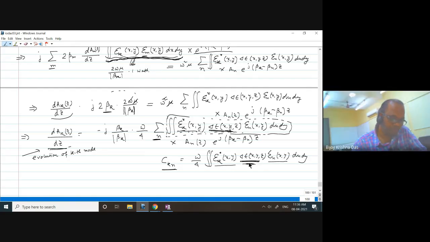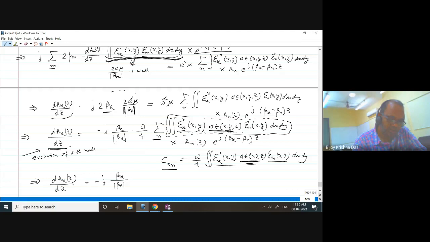Okay, fine. So now we can write down this equation again, simplifying. The evolution of dak(z) by dz I am writing. This particular thing you should clarify, because this is very, very important for integrated optics.